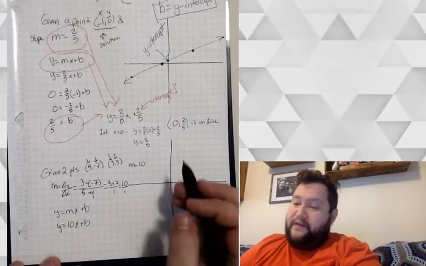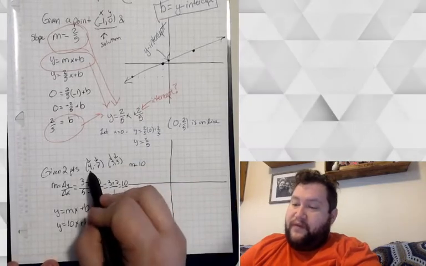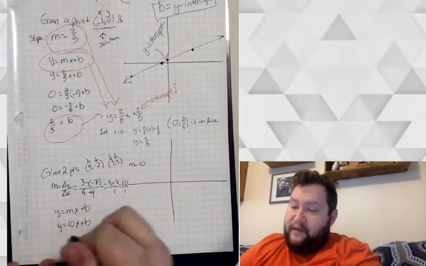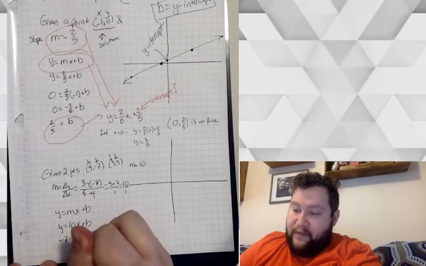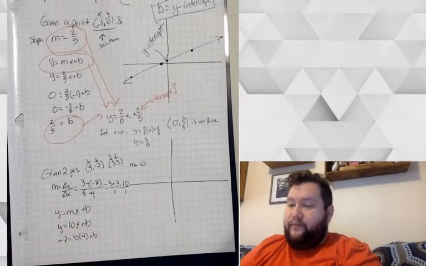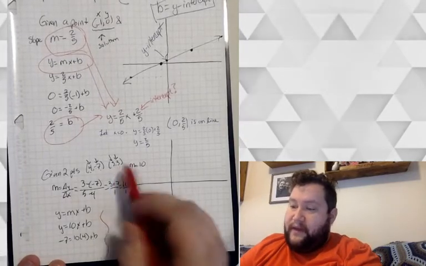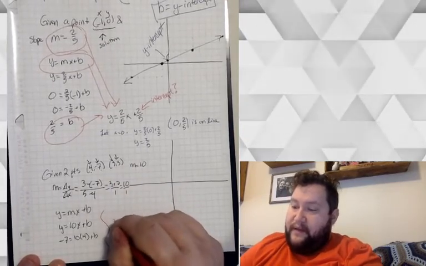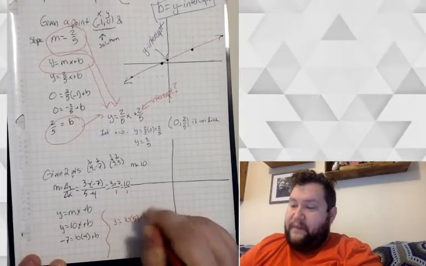So pick either of these points, and I'll actually show you that both work out. We'll use this first one, so x and y, so -7 equals 10 times 4 plus b. And then our other one, so we have 3 equals 10 times 5 plus b.